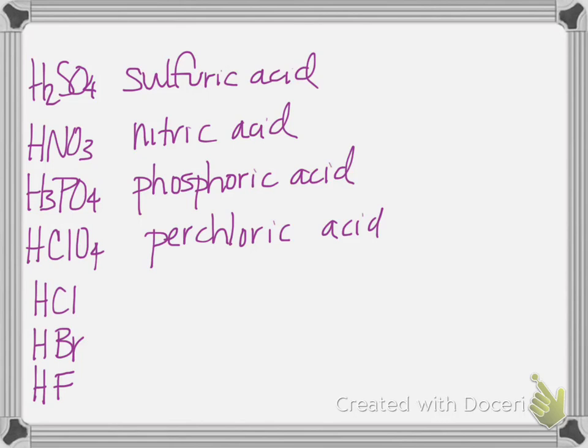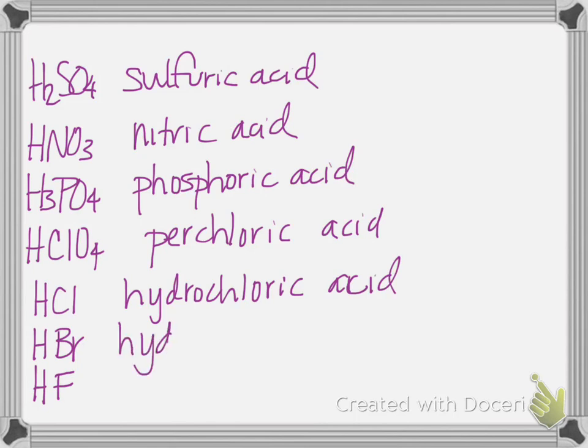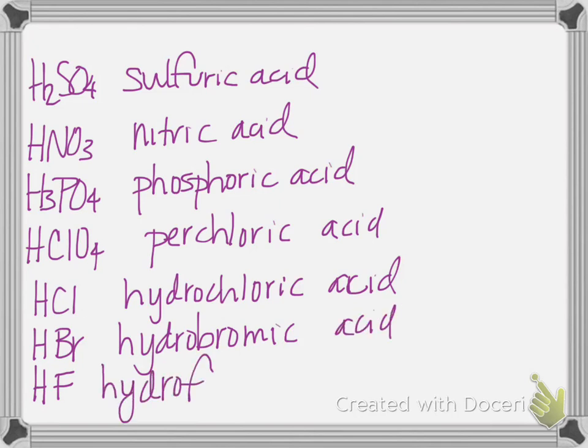Now we use hydro because there's no oxygen. So we would have hydrochloric acid, hydrobromic, and hydrofluoric. Now, when you take your quiz on Thursday, spelling counts, guys and gals. Got to spell it right.